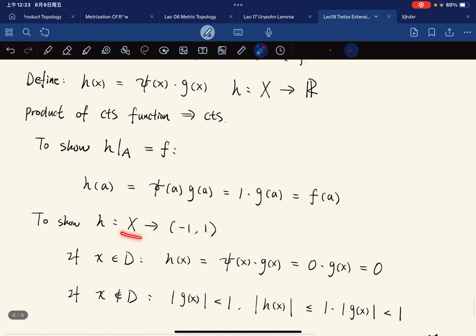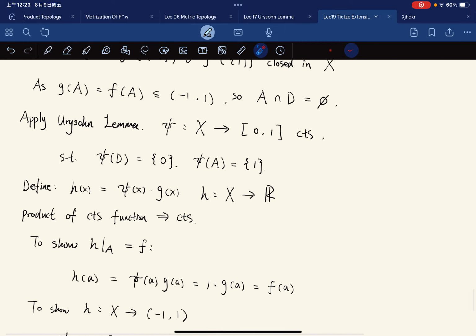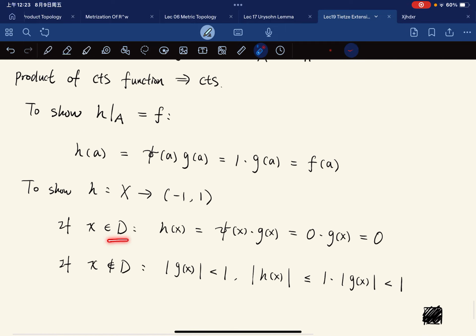Then to show that it maps to this, if it is equal to f, we have to show that the range is contained inside the open interval. So if x is in D, then remember this.